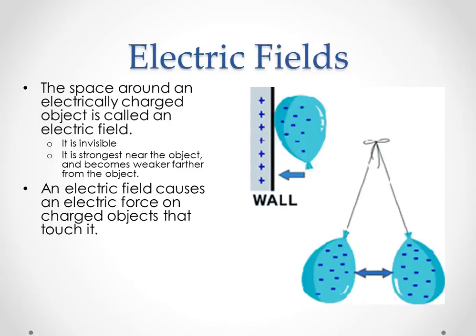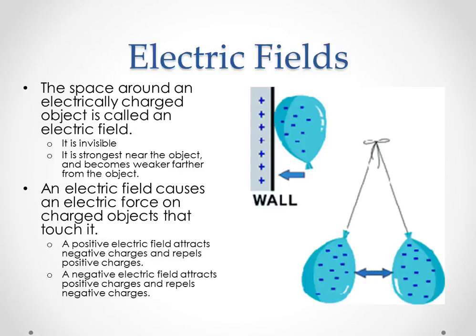It will show you this experiment, and he'll do a very good job of explaining exactly how this static electricity experiment works. A positive electric field attracts negative charges and repels positive charges. Opposites attract. A negative electric field attracts positive charges and repels negative charges.